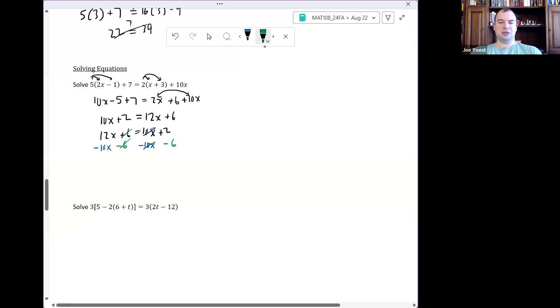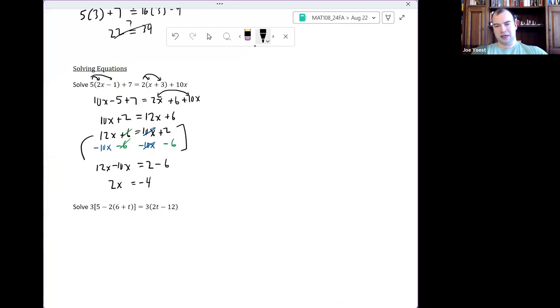That gets my constants off of the left side. So I now have 12x minus 10x on the left side equals, and I have 2 minus 6 on the right side. Or I have 2x equals negative 4.